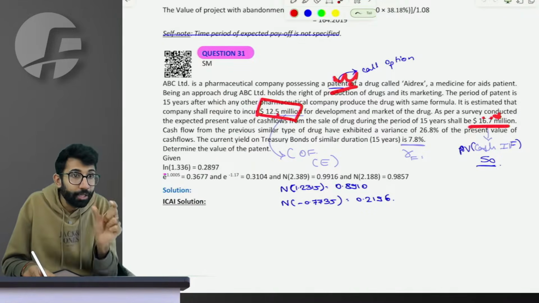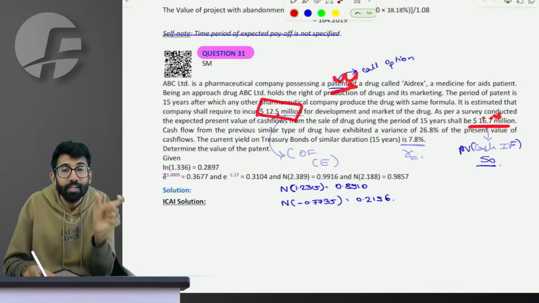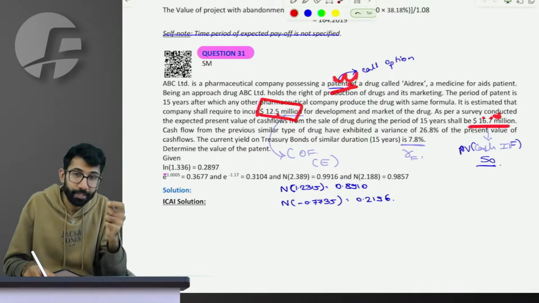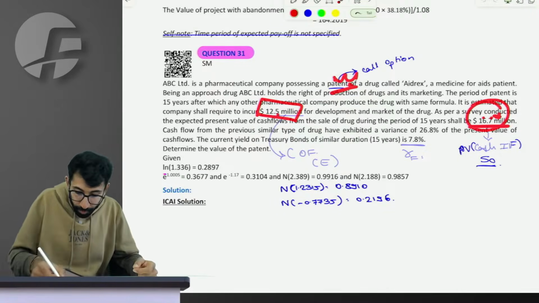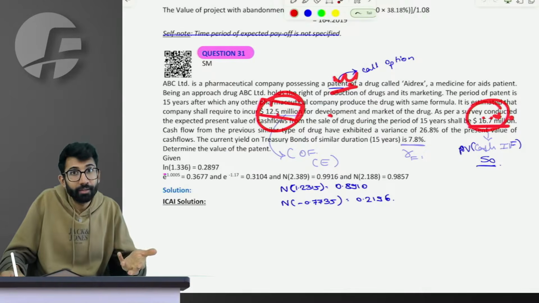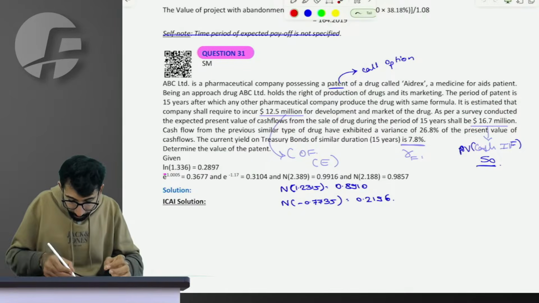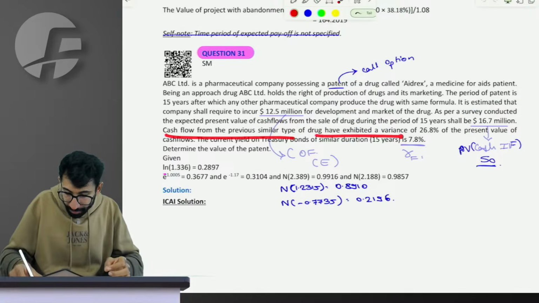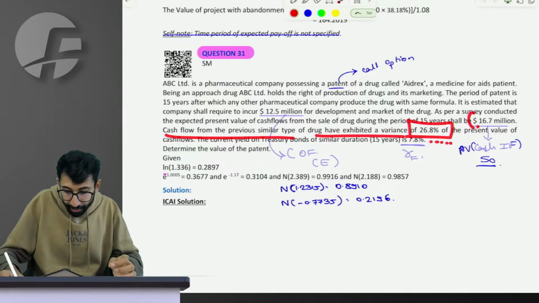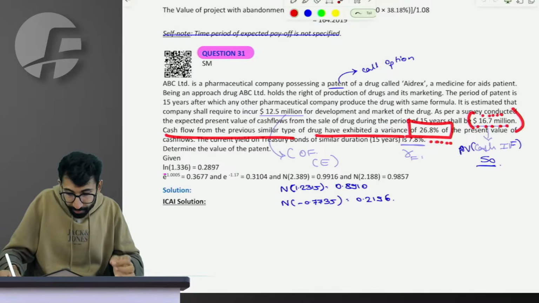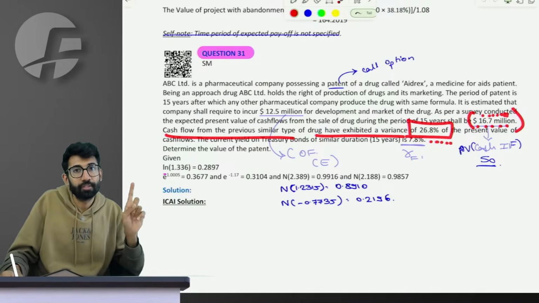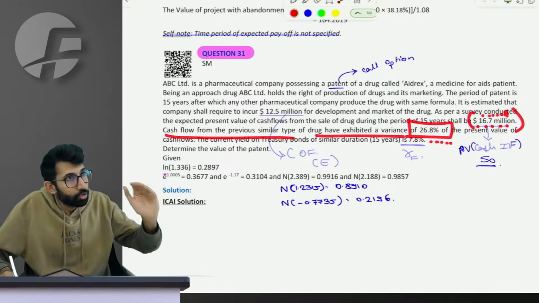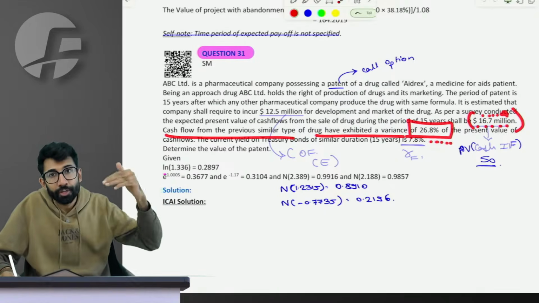So how much value that patent has, how much benefit or advantage that patent is giving me, the difference between the two prices, you might think. But the cash flow of a similar type of project exhibited a variance of 28.6, meaning to say the 16.7 you will generate is not fixed. It is subject to risk. You might generate less, you might generate more.